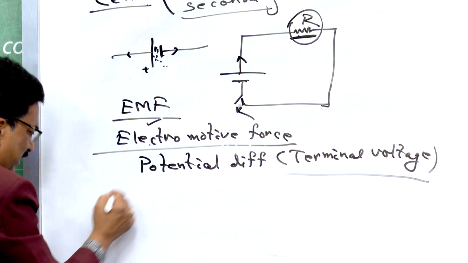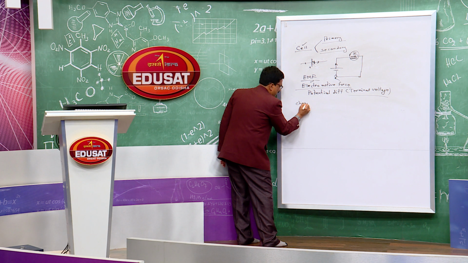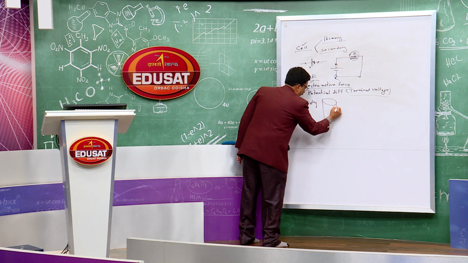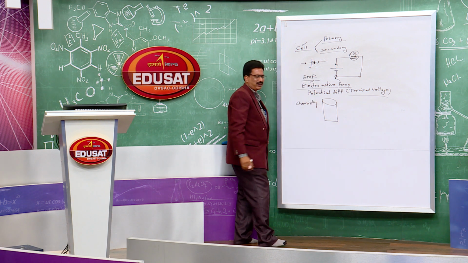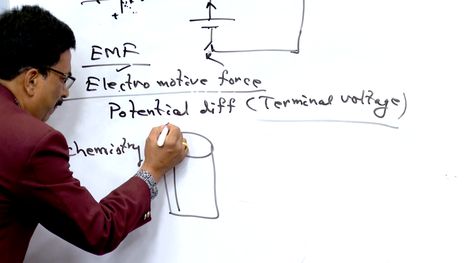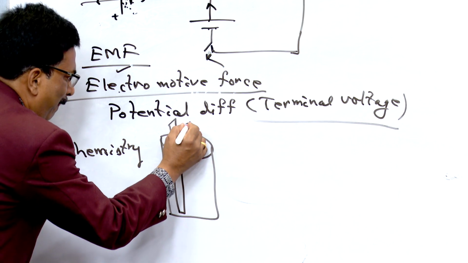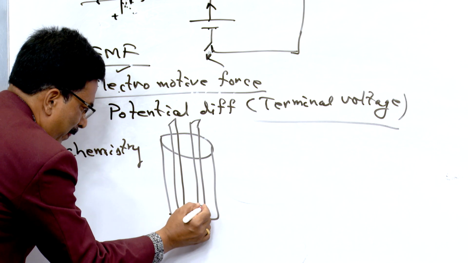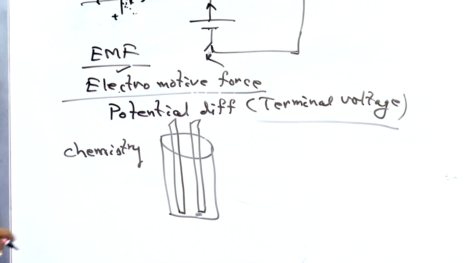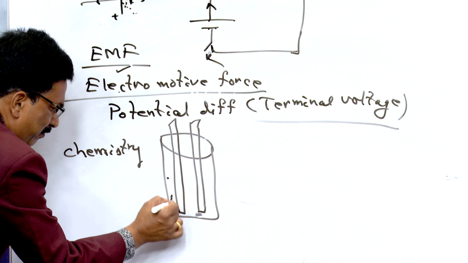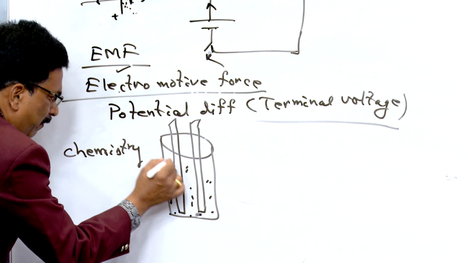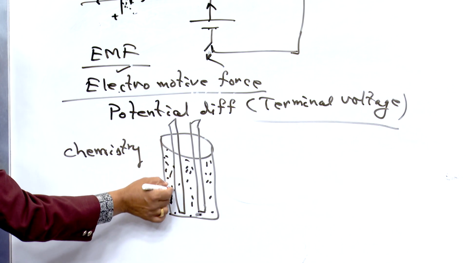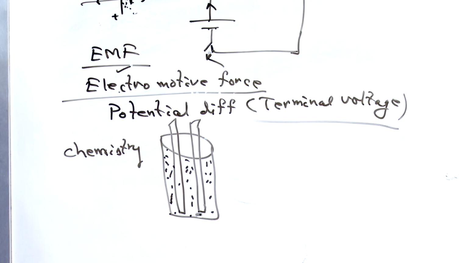If we go for its chemistry, suppose this is a container, and these are the two electrodes, and this container is supplied with some solution, that is known as the electrolyte.